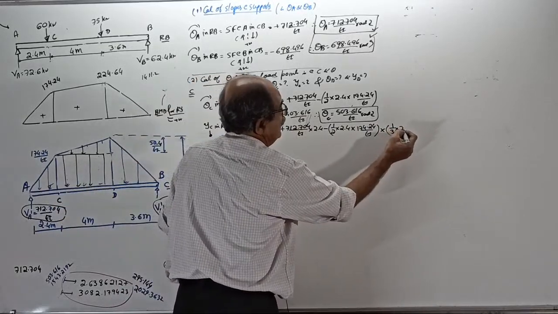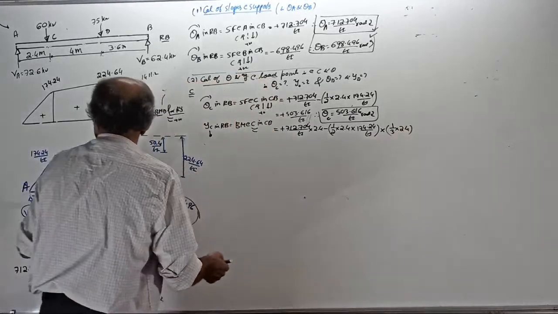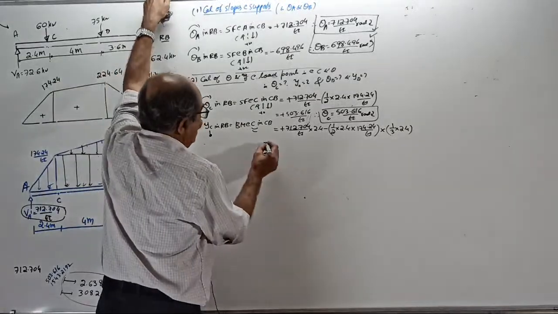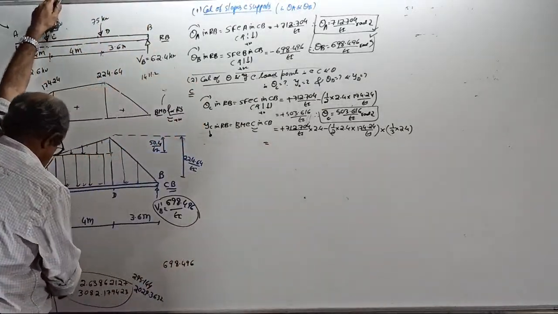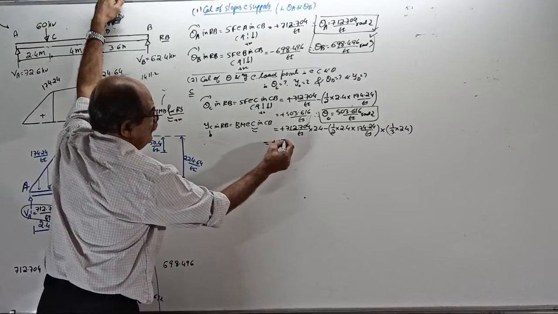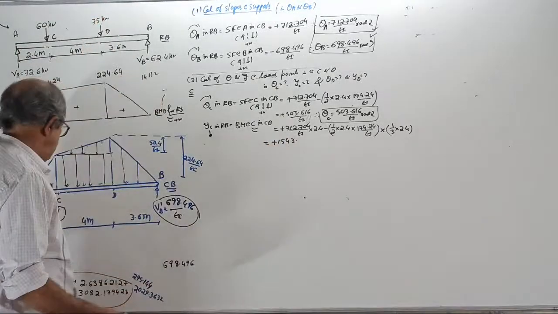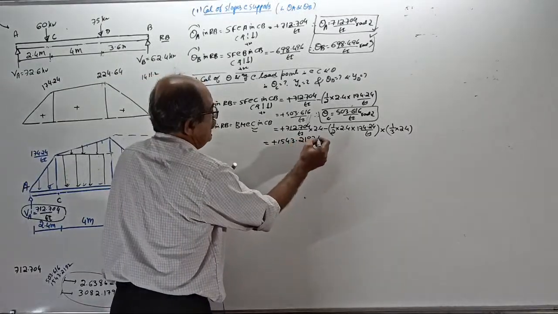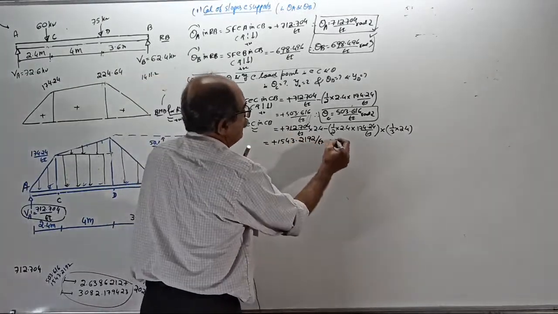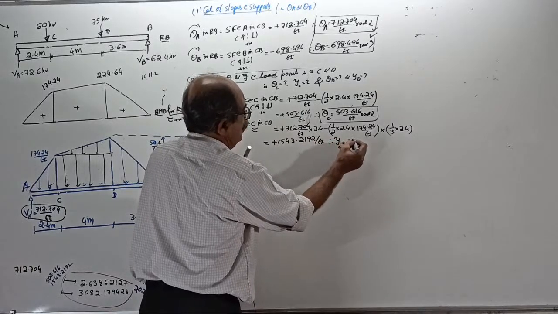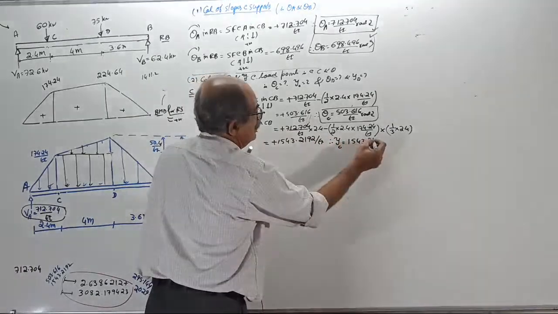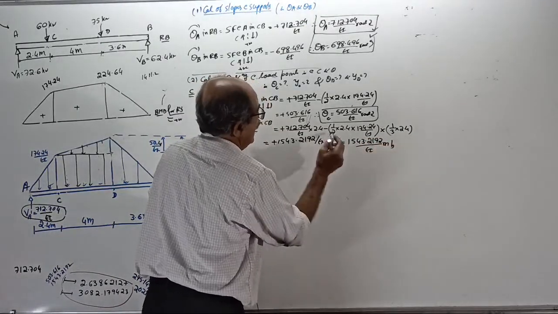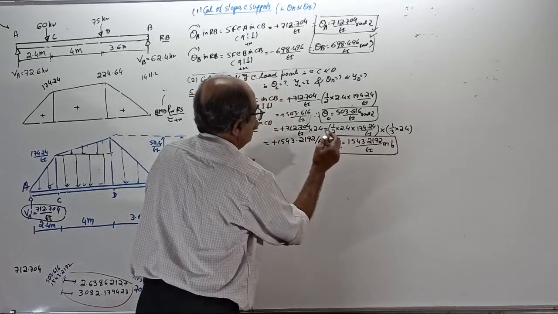Now I will not explain why 1/3, 2/3. If the moment is about A, it is 2/3; moment about C is 1/3. If you calculate, the answer will come 1543.2192 by EI positive. Therefore, deflection at C equals 1543.2192 by EI meter down. That also is over. Okay, now next.